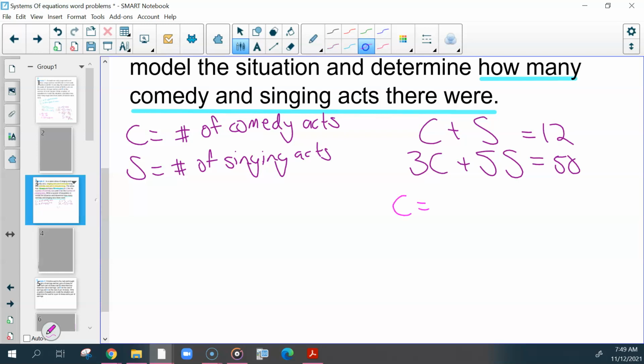So subtract S on both sides. Then I can put the equation I solved for C back into my second one, where C is.